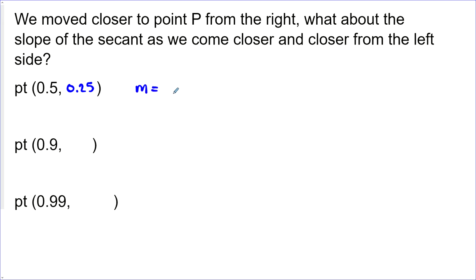M is equal to, and this time I'm going to put 1, 1 first because it's easier to subtract that way. 1 minus 0.25 over 1 minus 0.5. In the numerator, I've got 0.75, and the denominator 0.5, and this is equal to 1.5. You can change it into fractions if that helps.